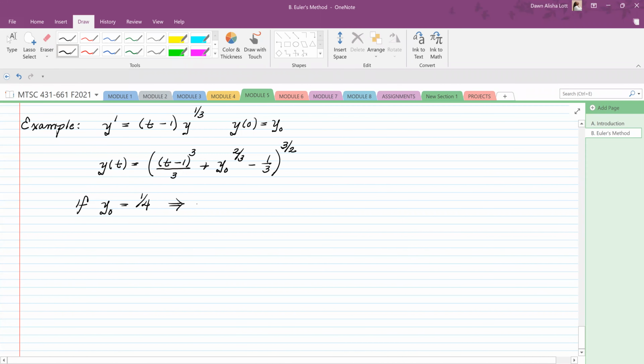Then we get y of t equal to the same thing that we just had: (t minus 1) cubed over 3 plus 1/4 to the 2/3 power, minus 1/3, to the 3/2 power. And this is well-behaved. Euler's method is fine.